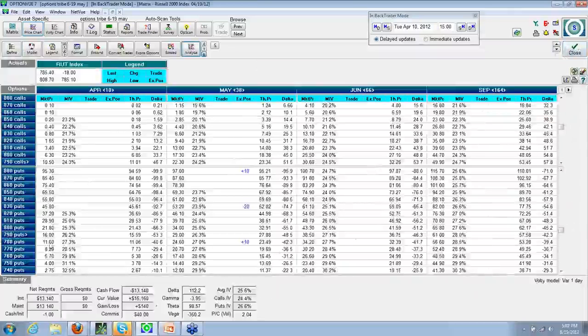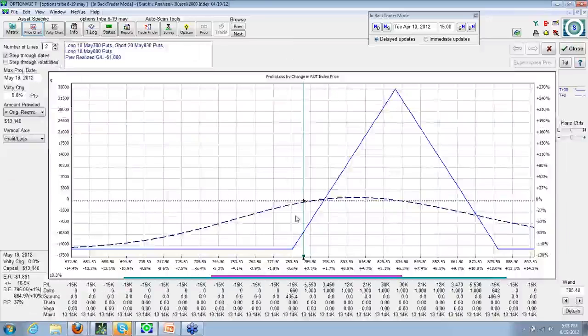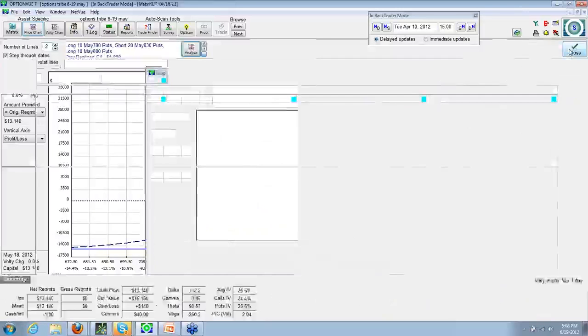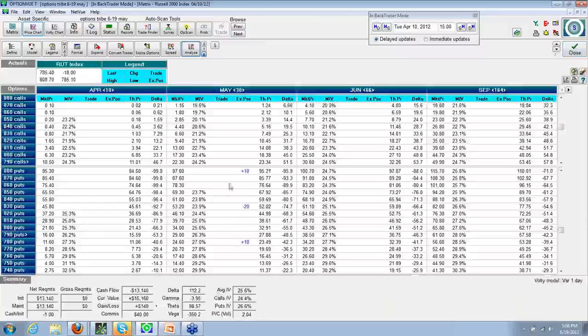So we'll close that off. We are down to the 790, actually past our 790 price level. If we look at our analyzed chart, we're well outside our break-evens, and we're well past our adjustment level to bring this back. So we're simply going to bring this back to at the money.